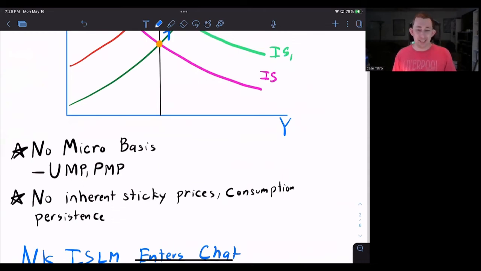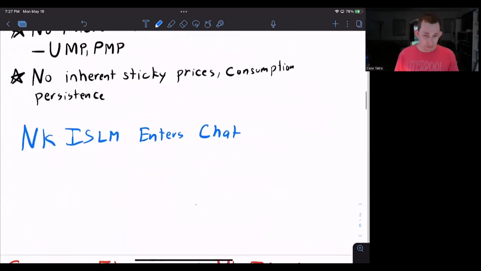Prices are sort of sticky, or they persist, or they don't adjust as fast as the old Keynesians think. It's not instant. And we also don't have persistence in consumption. There are some other issues in terms of how quickly the economy responds. Old Keynesians tend to think it happens really fast, whereas new Keynesians say, hey, wait a minute, that process tends to be kind of slow.